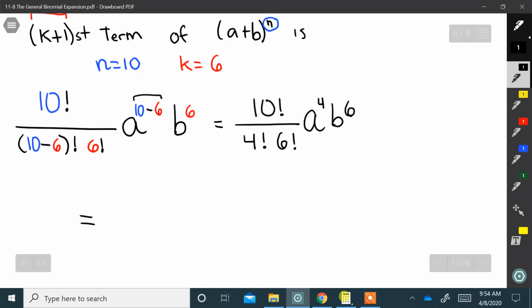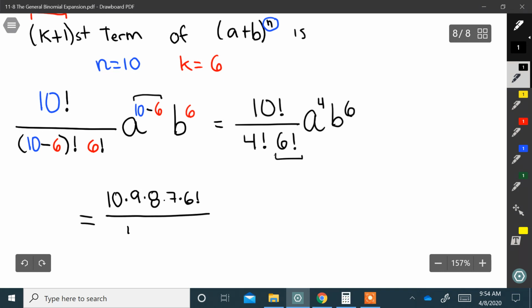I know that I have a 10 factorial here and I have a 6 factorial there. So what I'm going to do is I'm going to write that 10 factorial as 10 times 9 times 8 times 7, and I'm going to stop at 6 factorial. Because I know that I could cancel this guy right here.